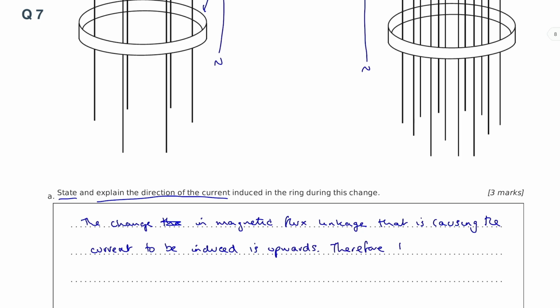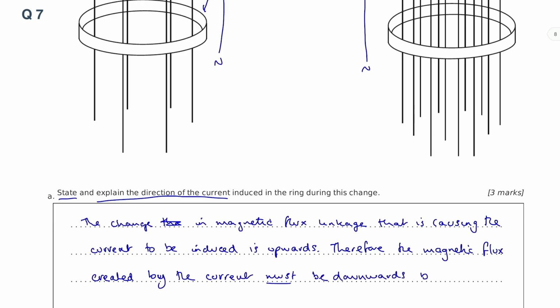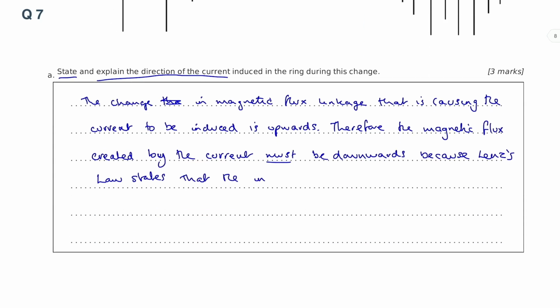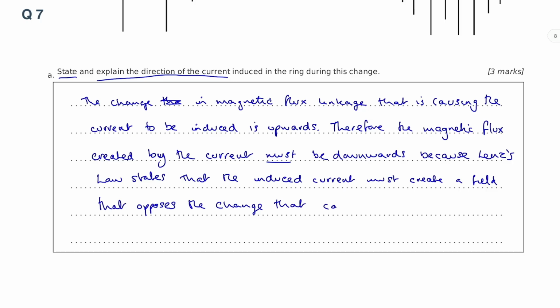Therefore, the magnetic flux created by the current must be downwards, because Lenz's law states that the induced current must create a field that opposes the change that causes it.